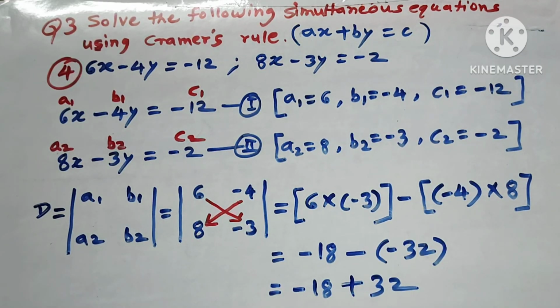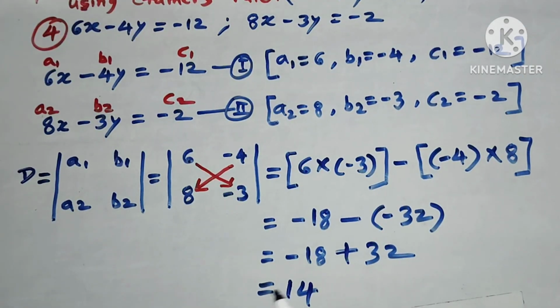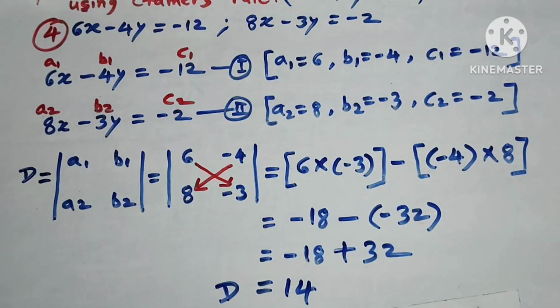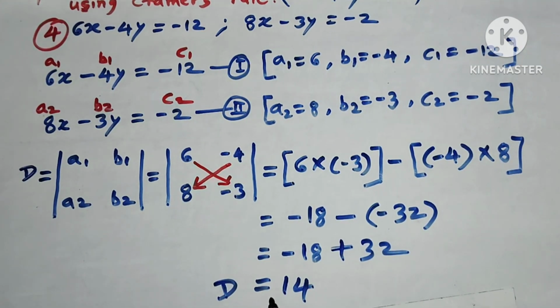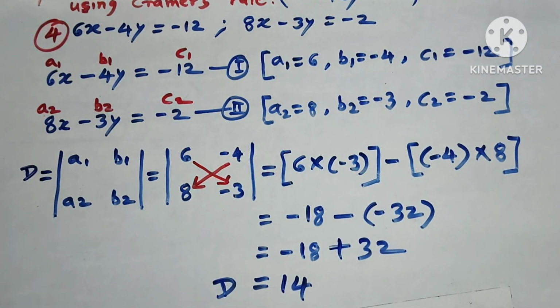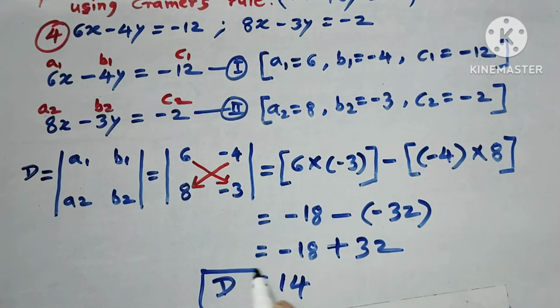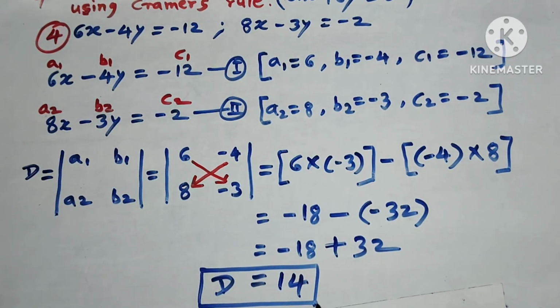Opposite signs, so subtraction: 14. The bigger number's sign is plus, so D is equal to 14.